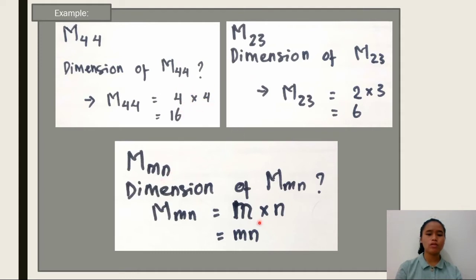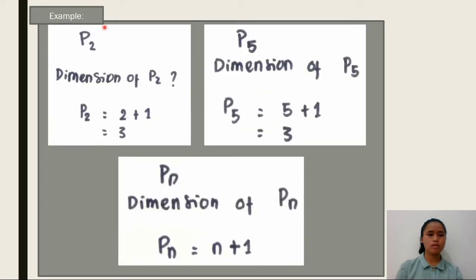So the dimension of Mmn is m times n. We have example 2. The dimension of P2 is 2 plus 1, which is 3.